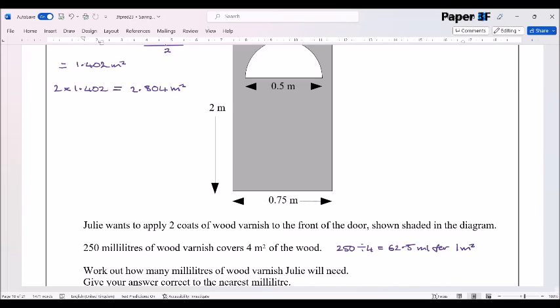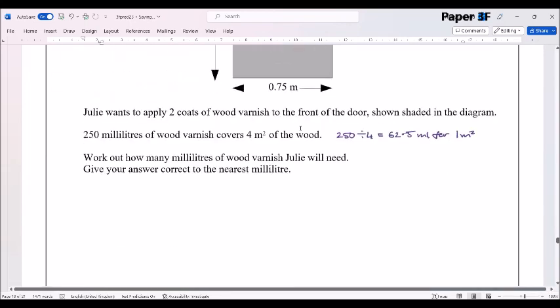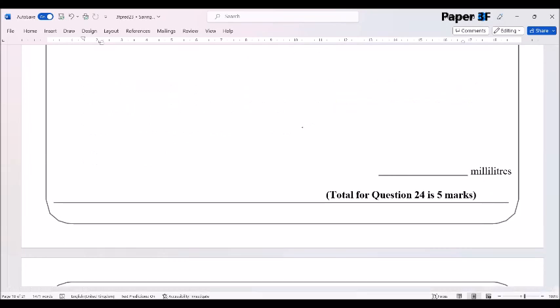Now, finally, all I've got to do is take the 2.804 and multiply that by 62.5, because we've got that many meters squared and that much for each meter. Comes out as 175. So we're looking there for 175 millilitres to the nearest millilitre. Answer there, 175. 5 marks for that.